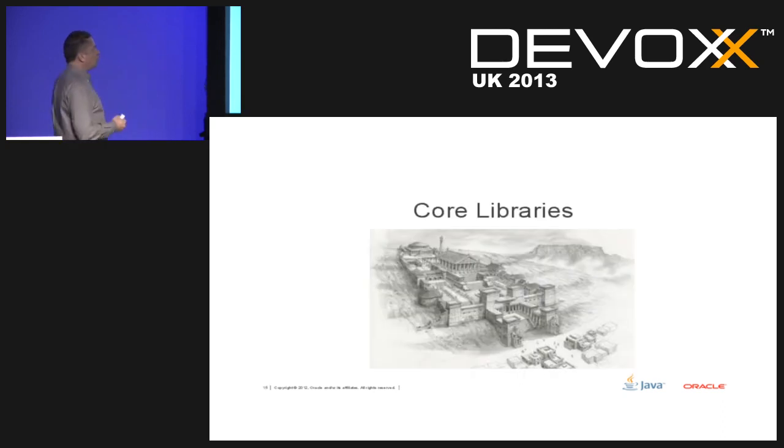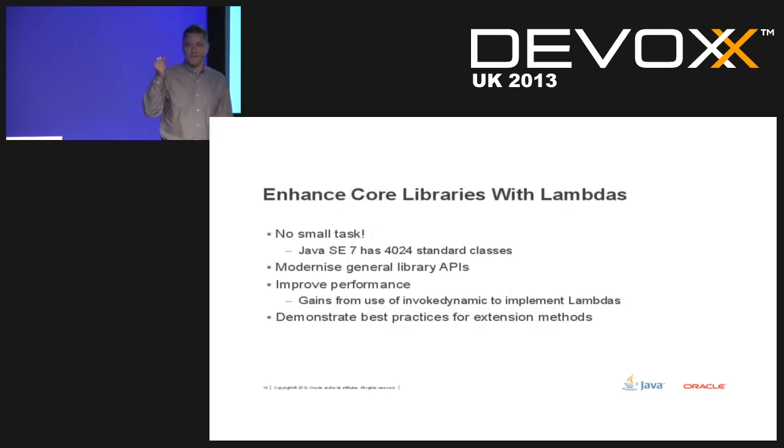From the core libraries point of view, what are we doing? Well, first of those is to make use of the fact that we have Lambda expressions in Java SE 8. It's all well and good for us to add Lambda expressions to the language, but if we didn't then use them ourselves in the class libraries, it would not be the most ideal use of Lambdas.